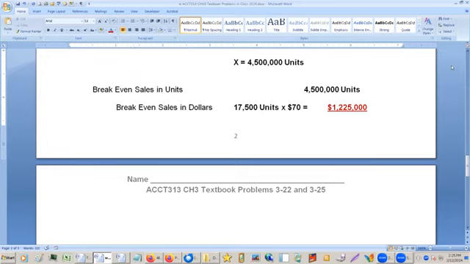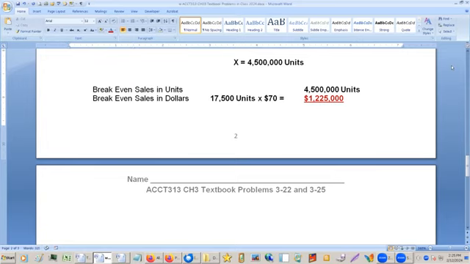Break even in dollars will look like this.